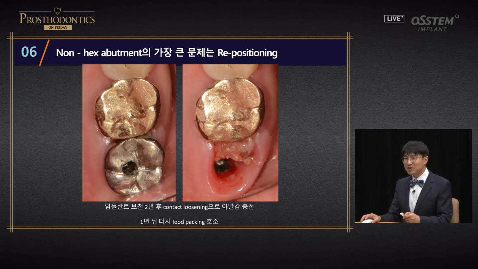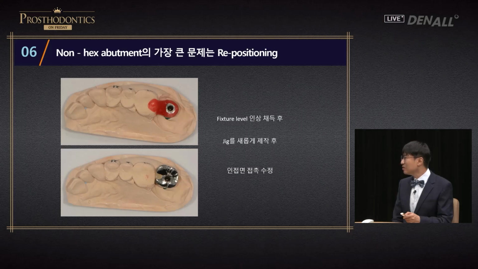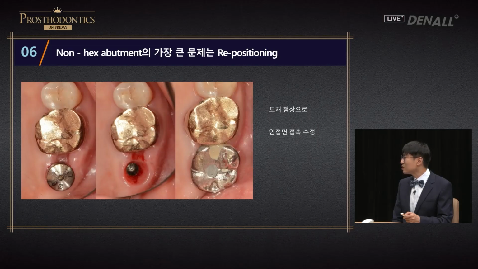If the patient or the dentist has a jig, it's good, but in a lot of cases, we don't maintain it. We need to make a jig once again. And a transfer jig is used to reposition it. The positioning is not exactly the same, but it is within the scope that is acceptable clinically, up to where the jig is. It is okay to do that with non-hex abutment, and I give the jig to the patient as a gift.